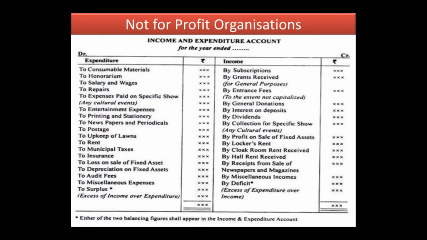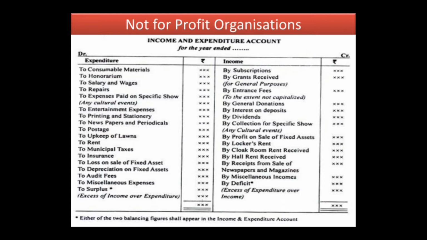And at last, when we balance this account, if the credit side is heavier than the debit side, then we will get the surplus on the debit side, and that will be the situation of excess of income over expenditure.